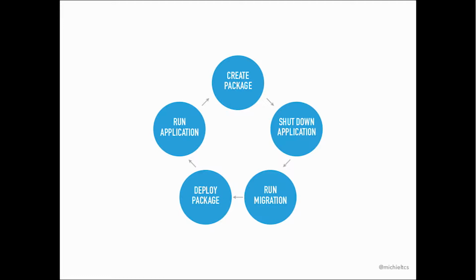We take the whole application offline to run our migration. And then once the migration is done, we boot the application again. And that's it. Problem is, the longer the migration takes, the longer you are down. And to me, downtime like that is avoidable, and we should avoid it. I don't think downtime is something we want.